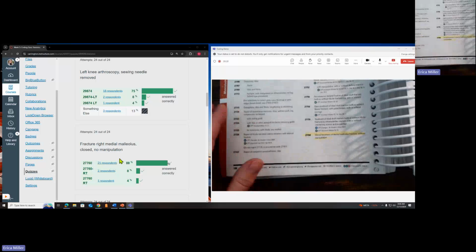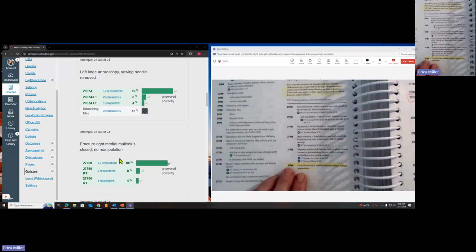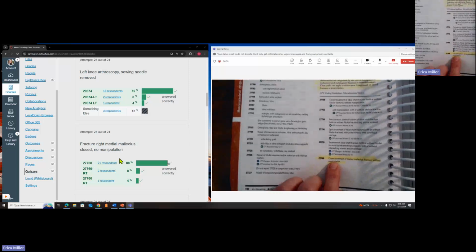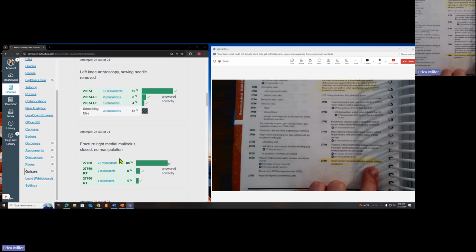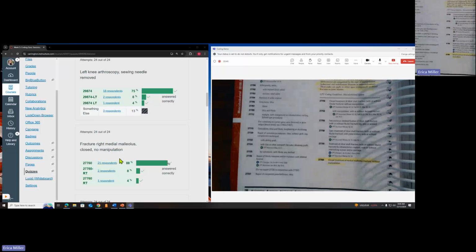All right, once we get over to our tabular section, we find that 27760 gives us closed treatment. Excellent. There's my medial malleus fracture without manipulation. All right, now we've put all of those puzzle pieces together.